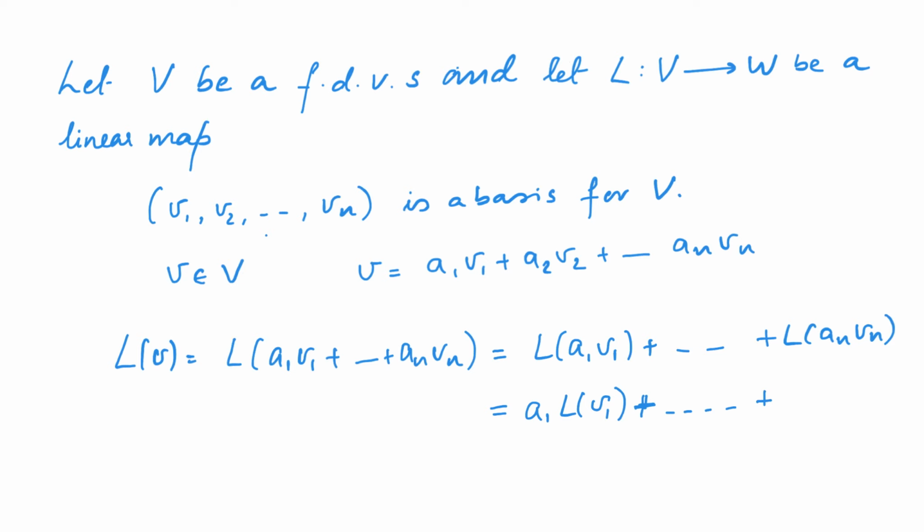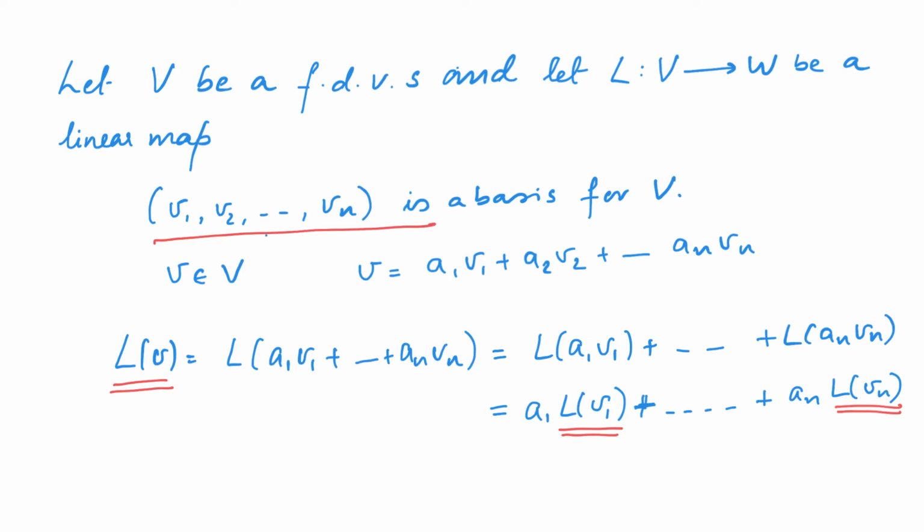L of an vn is an times L of vn. Therefore, the moment we know the images of v1, v2, etc. up to vn, we can find the image of v. And this is true for any basis of V.